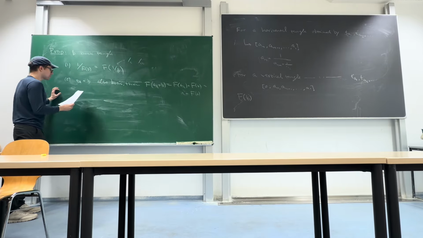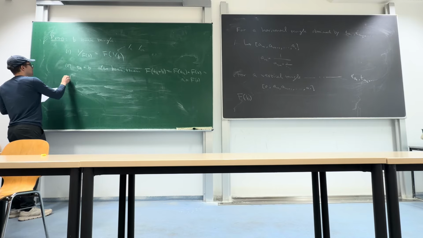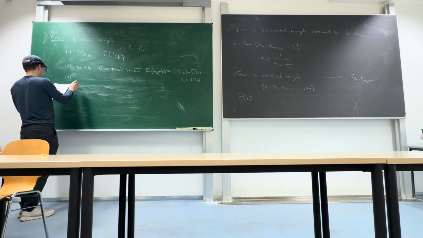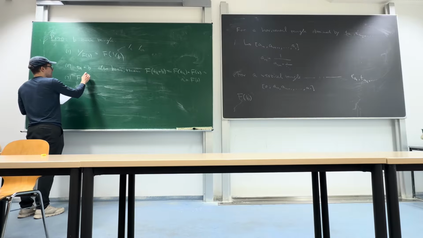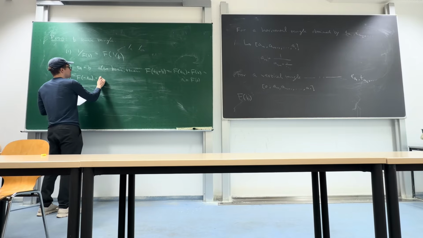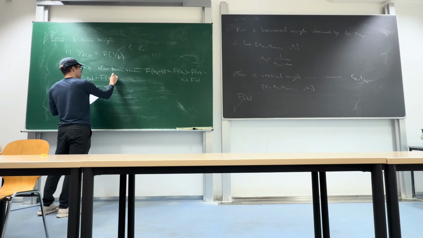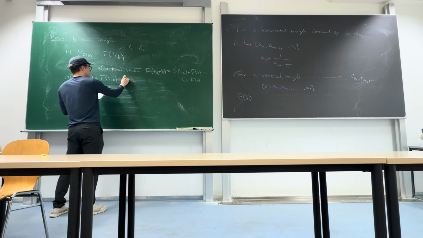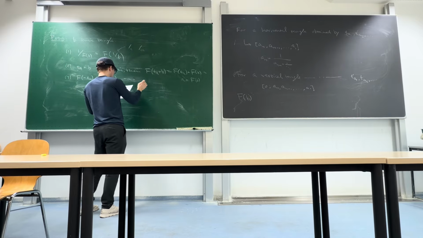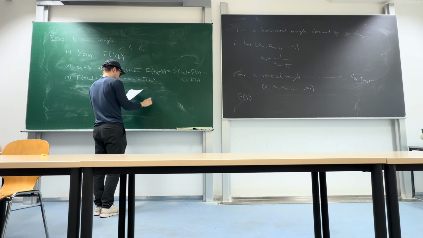And then we have some more properties. We have two more properties. The third one is the following. f of minus TA, let me see if I can write this all down correctly, is equal to f of t minus a, which is equal to minus a, which is equal to minus f of TA.